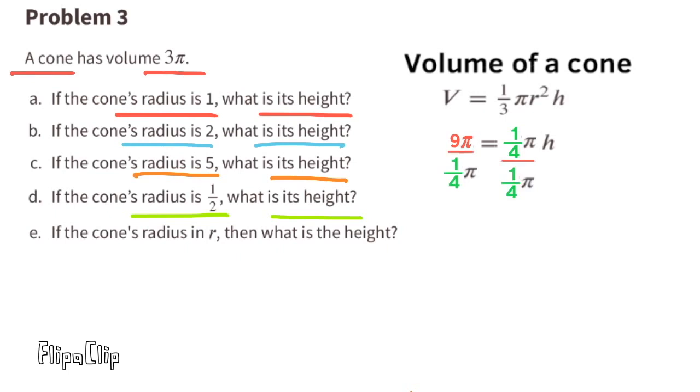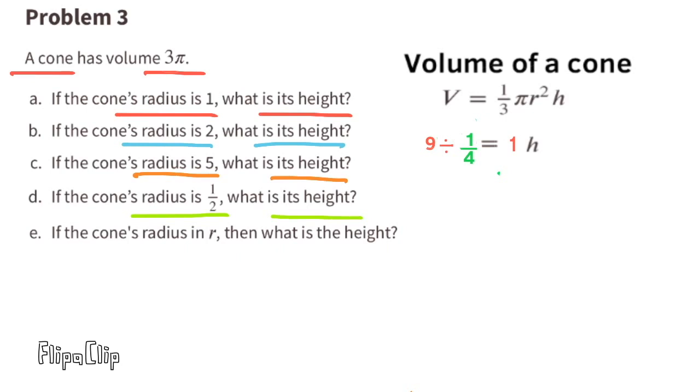Since we're solving for h, we need to multiply both sides by the reciprocal of 1/4, or divide both sides by 1/4. 9 pi divided by 1/4 pi is the same thing as 9 divided by 1/4, because the pi divided by pi cancels each other out. And pi canceled itself out on the right side of the equal sign as well.